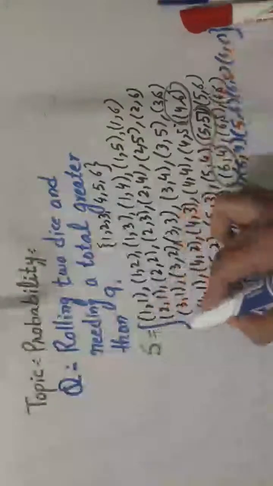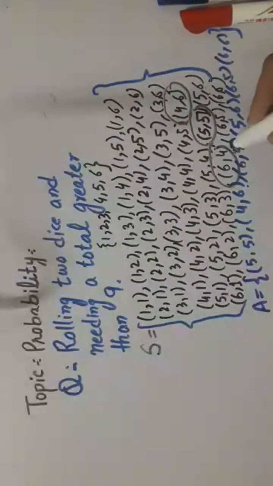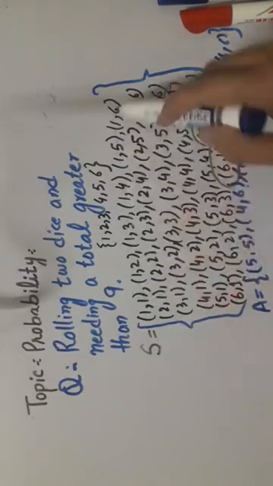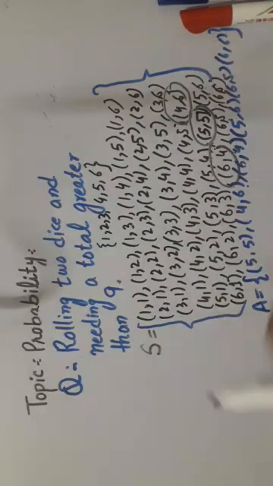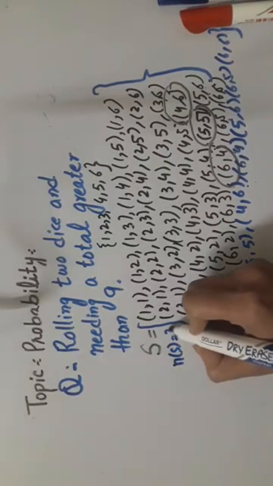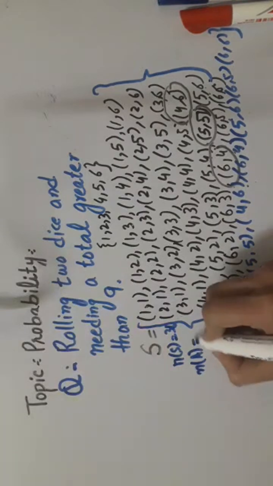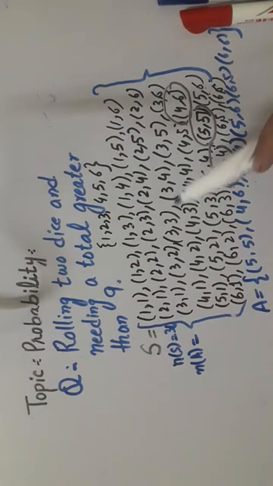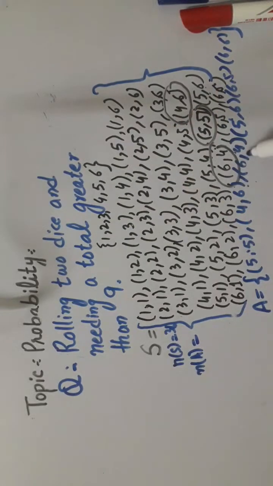Now, this is our sample space, and the total number of outcomes, we will count these, 1, 2, 3 up to 36. So n of S is equal to 36, and n of A, the favorable outcomes where the total is greater than 9, is 1, 2, 3, 4, 5 and 6.